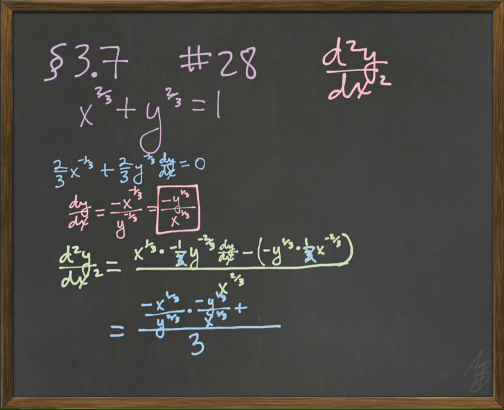On top, we're going to have what? y to the 1/3, and on the bottom? I already took care of the negatives with this plus here. So it's just going to be x to the 2/3. Okay, that's not simplified, is it? No. So let's keep going.